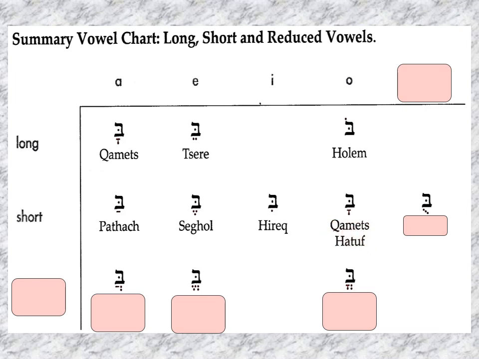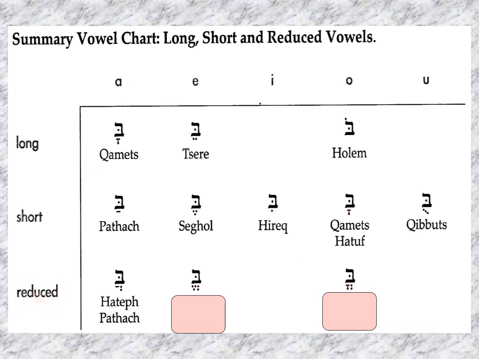Qamets hatuf. And then what would be the short last one? Qibbuts, right? Short what class? U. Let's take a look at the reduced vowels. There under the A for the reduced is hatef patach, right? That's reduced. What about for the E class? Hatef segol. And what about for the O class, the reduced? Good. Hatef qamets.